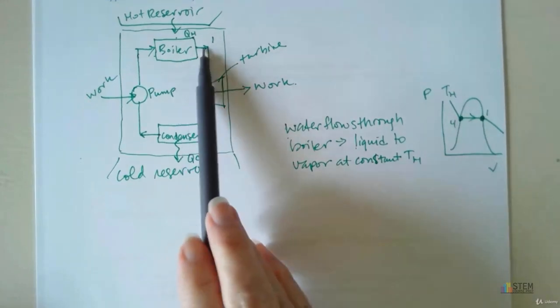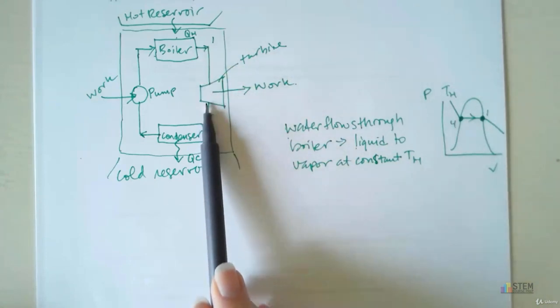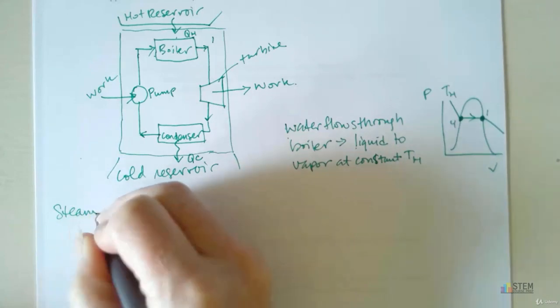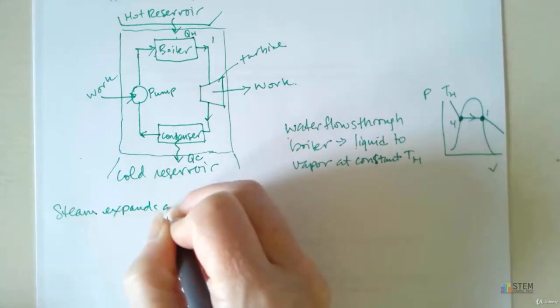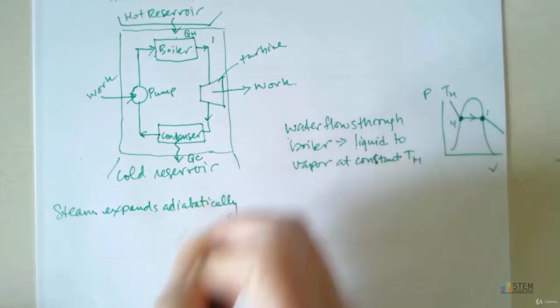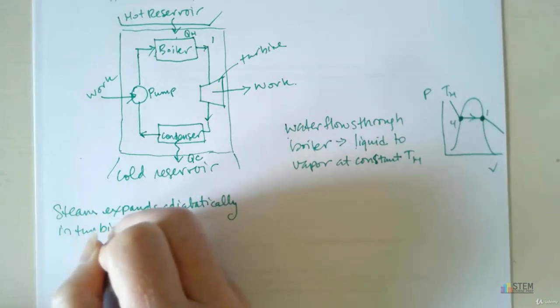Now next, after the vapor comes out of the boiler, we're going to send it through a turbine. So at that point, we've got steam. We're going to say steam expands adiabatically. So that means no heat transfer. And that's done in the turbine.